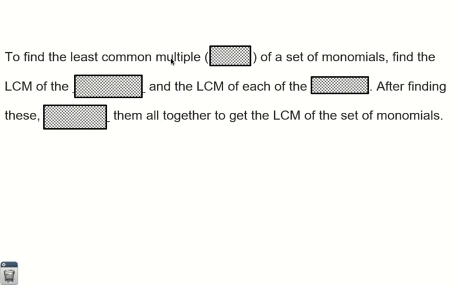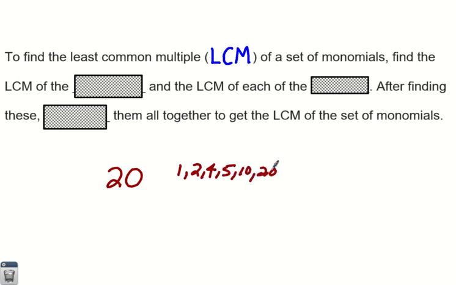To find the least common multiple, we're going to change gears because now we're talking about multiples. Now, you have to know the difference between multiples and factors. If I ask you for all the factors of 20, you would say 1, 2, 4, 5, 10, and 20.